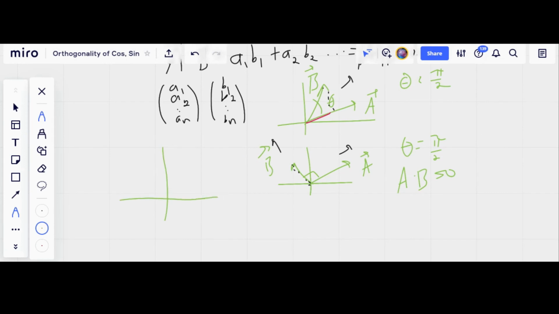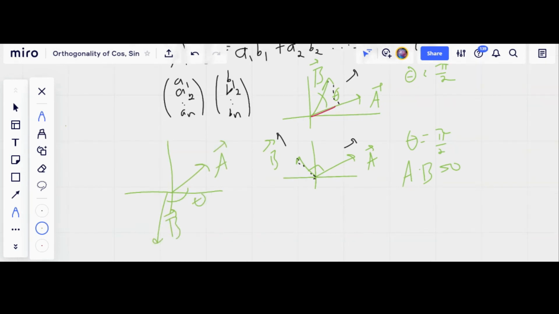Now let's consider the final case, when the angle between A and B is greater than pi over 2. Let's call this A, and let's say that this is B. In this case, theta is greater than pi over 2. B is off in this direction, going down into the third quadrant, and A is up into the first quadrant.